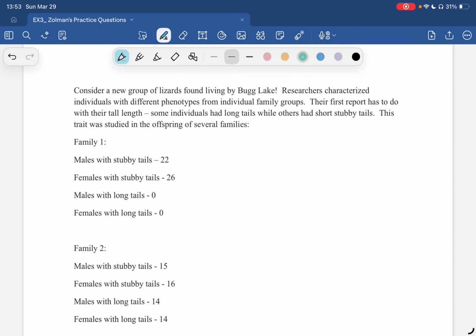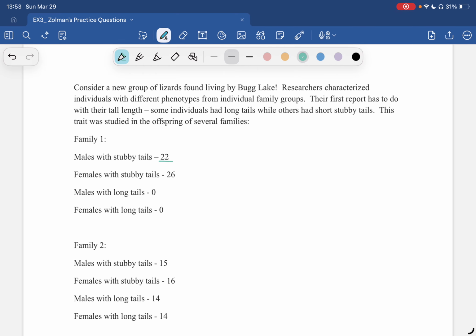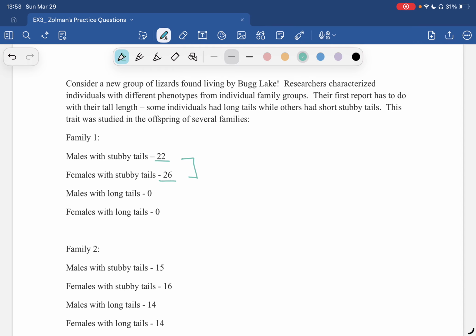The first thing that you should do is look at what you're given. You're looking at the different types of tails, either short stubby tails or long tails. In this family, you have only stubby tails, and none with long tails.